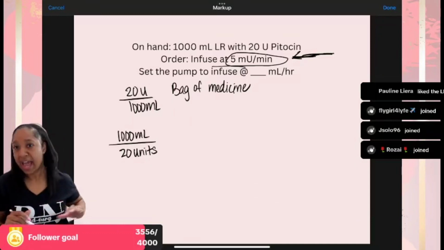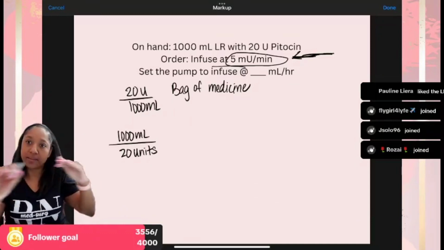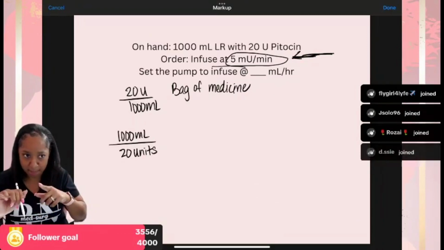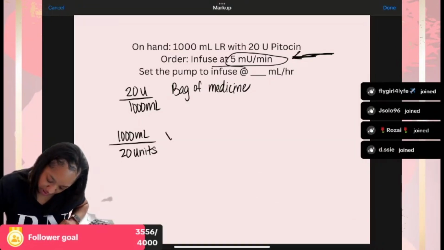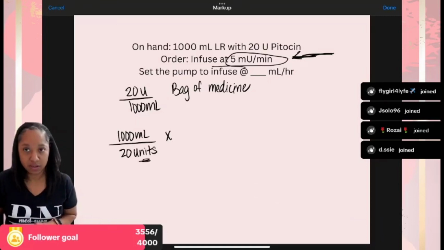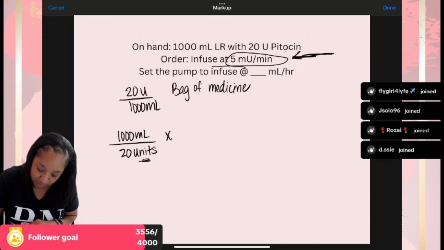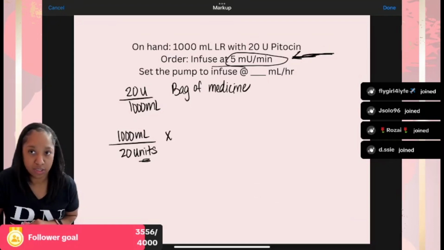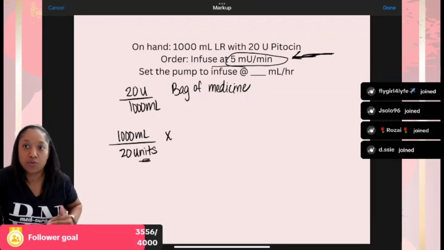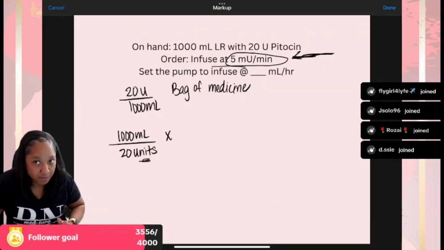What we have on the top must match what's on the bottom. Your units must match, okay? So if we have units on the bottom, we need units on the top next, right? But we don't have units in our order. We have milliunits. So when you have a difference in units, you must do a conversion first.